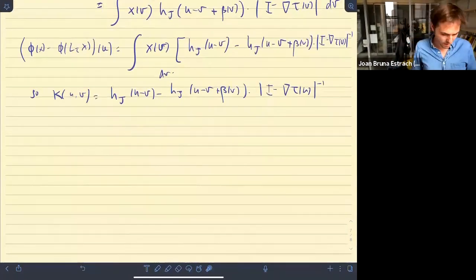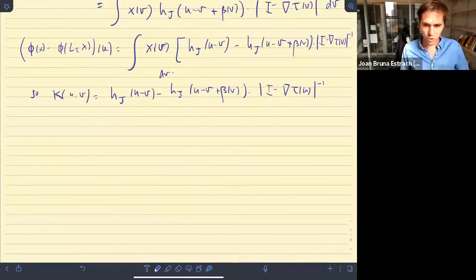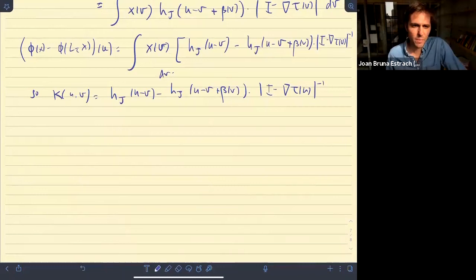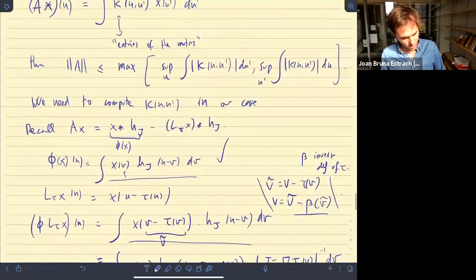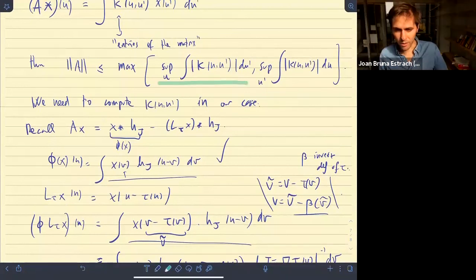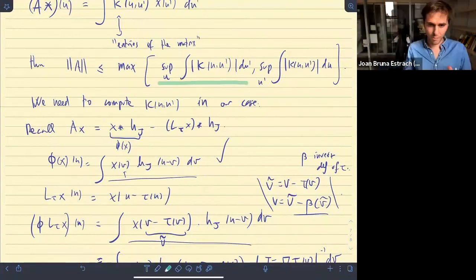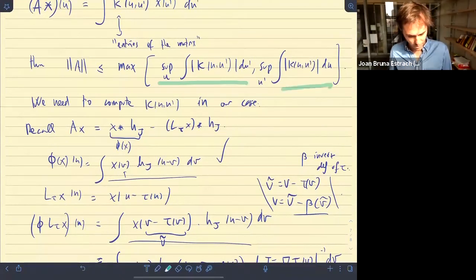Basically, now we are in the business of trying to show that this kernel is small, in the sense that these entries are small, so that when I integrate them I can use this. I need to show that this term can be made small, of the order of 2 to the minus j times the larger displacement, as well as this term.